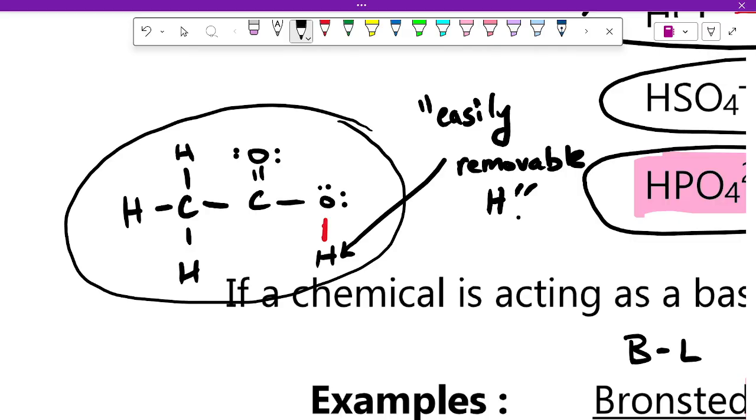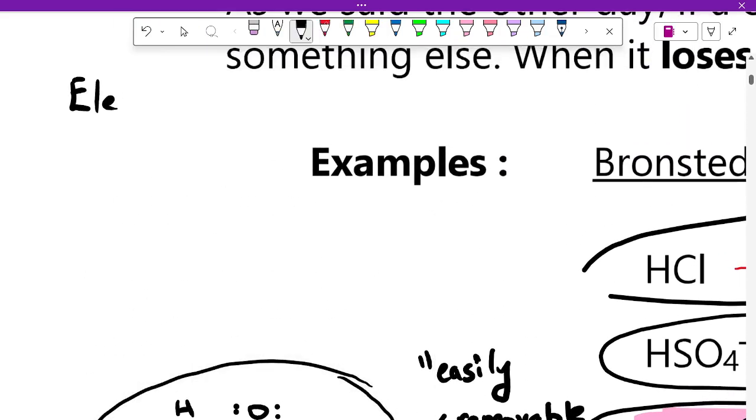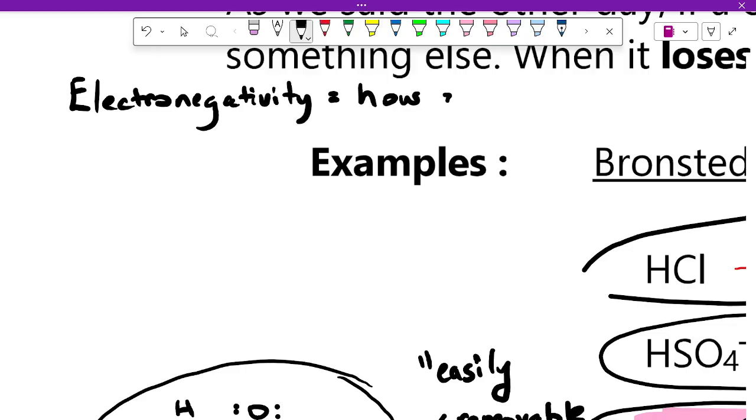Okay? It has to do, I don't know if you learned about this last year, with electronegativity. Anyone hear that word before in their lives? What is electronegativity? And again, this is not required for grade 12, but I would like to send you off into the universe kind of knowing this stuff, right?